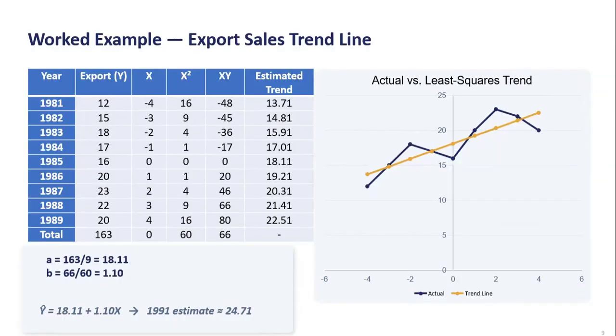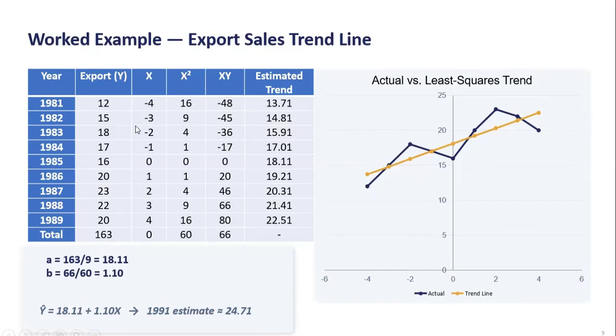Finally, let's study the method of least square, which is considered the most accurate method for assessing trend. Since we have 9 years of data, we take the middle year 1985 as the origin. So we calculate capital X equals year minus 1985.